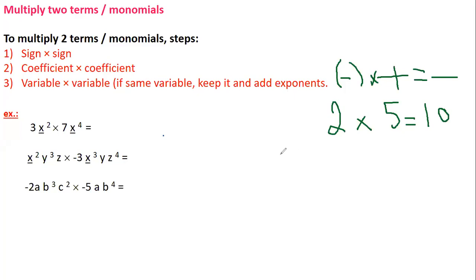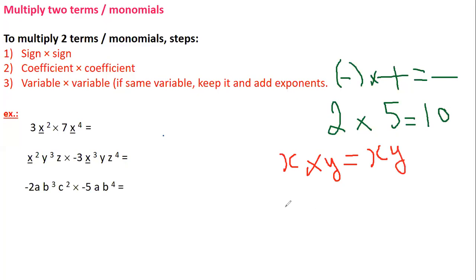For example, if you have x times y, who can tell me what will be the answer? XY. Bravo! X times y, because x and y are different, so the answer will be xy.